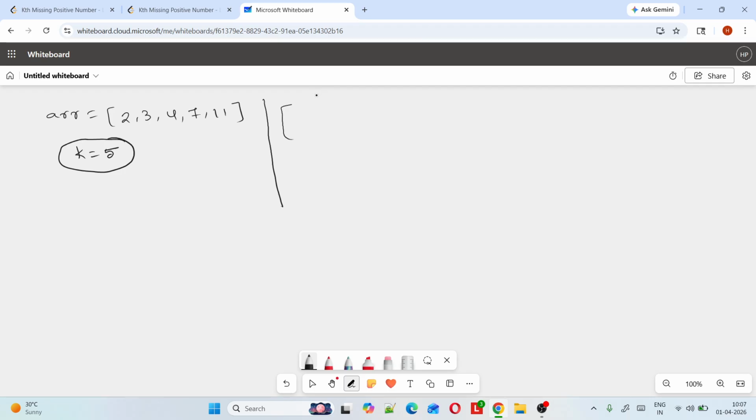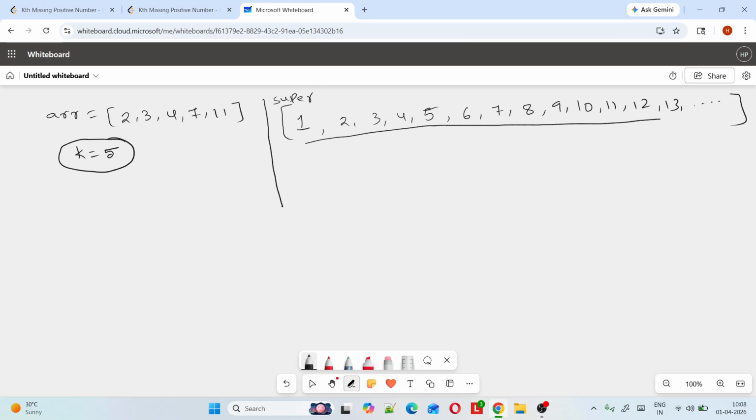Positive numbers lie between 1 and n if there are n positive integers. So 1, 2, 3, 4, 5, 6, 7, 8, 9, 10, 11, 12, 13 and so on. This is the superset, all positive integers between 1 and n.